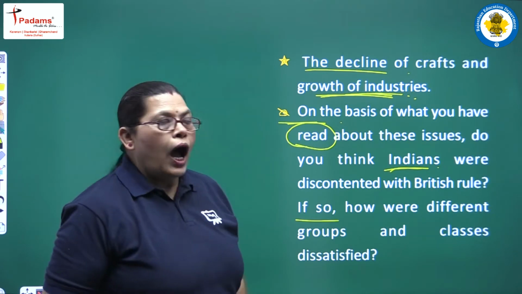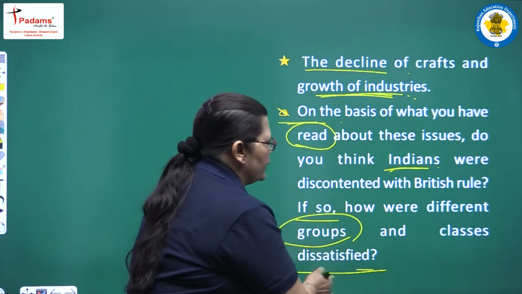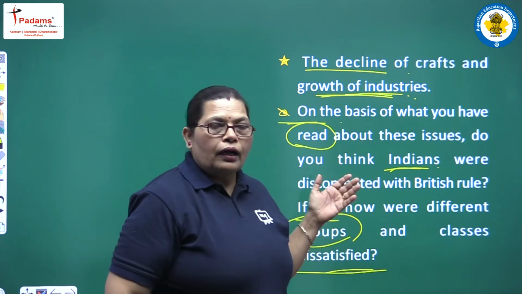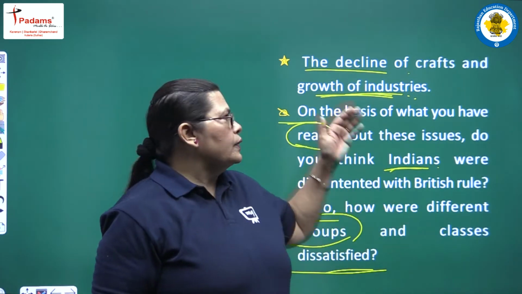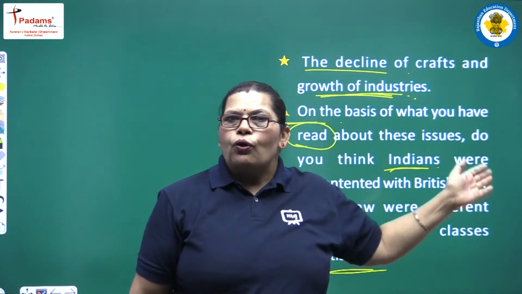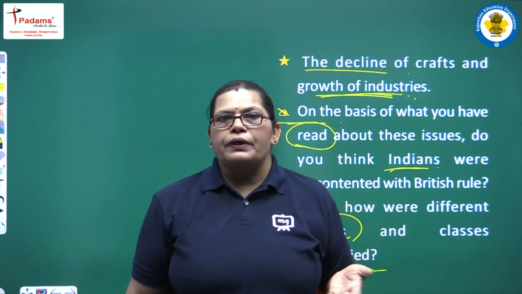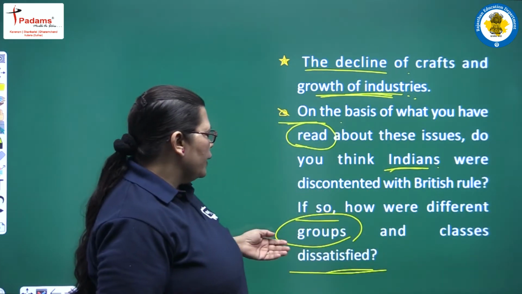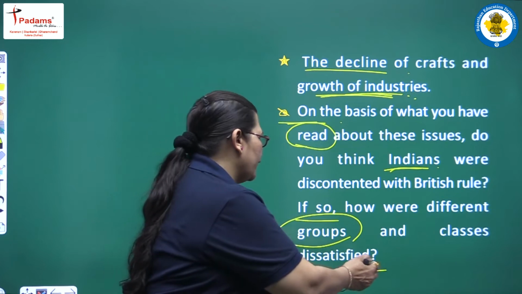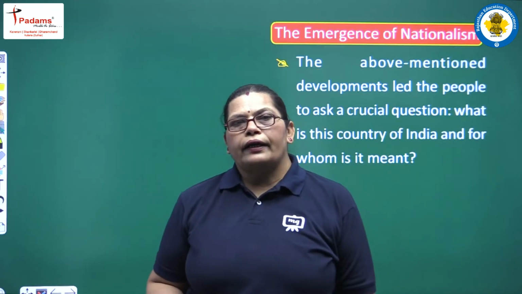If so, how were different groups and classes dissatisfied? When we are saying that many things were going on at that time for improvement, as we had already discussed in earlier chapters, then how can we say that these different groups and classes were totally dissatisfied at that time?